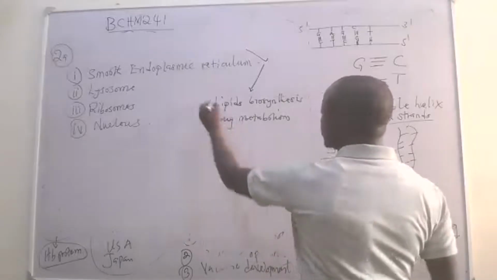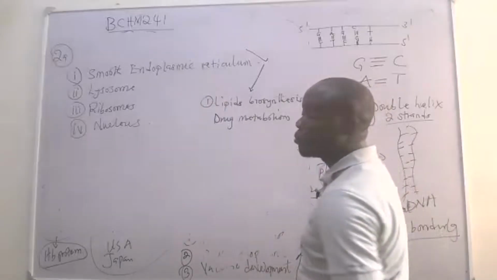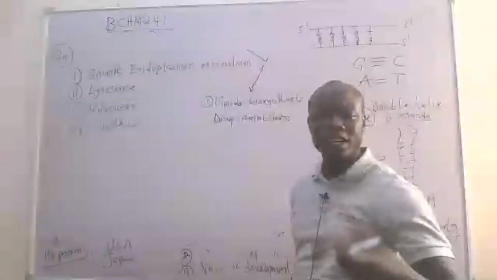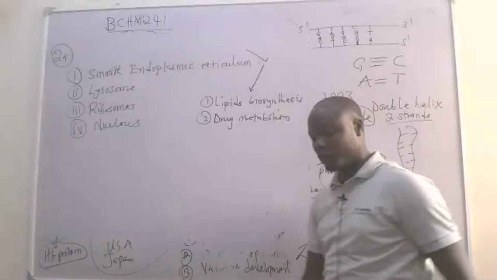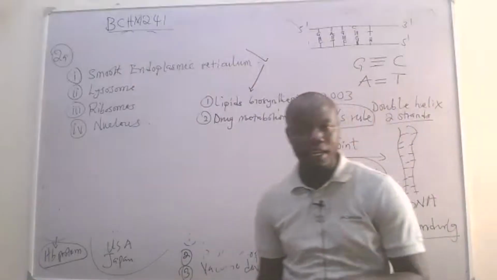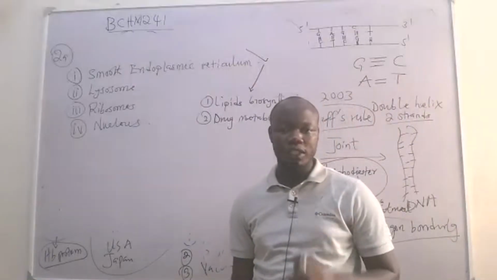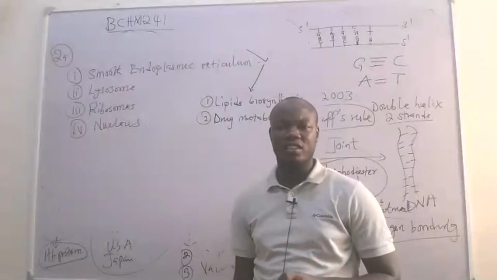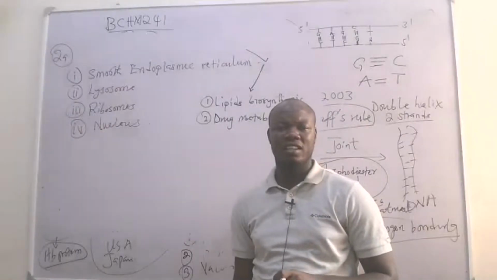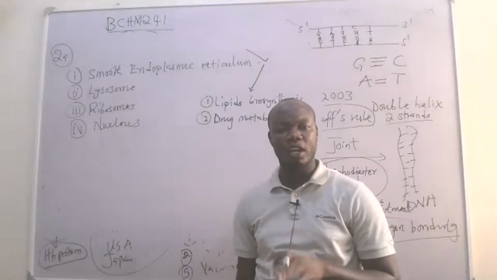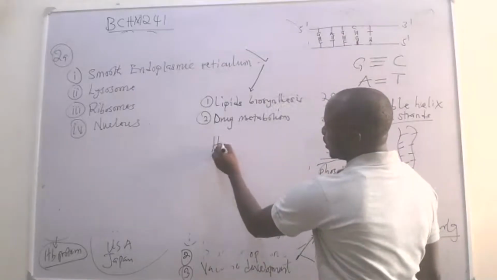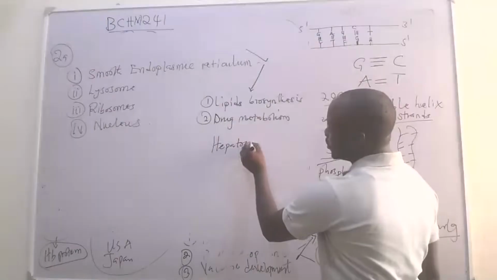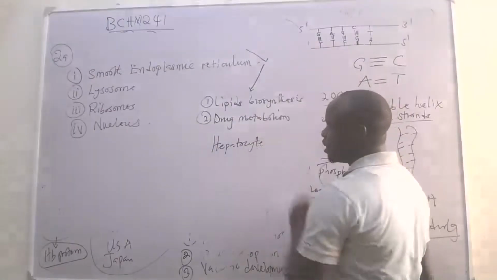Number one is involved in lipid synthesis, that is production of lipids, and number two, drug metabolism. So any drugs that we take are metabolized in the liver, in the hepatocyte. A hepatocyte is a cell of the liver.